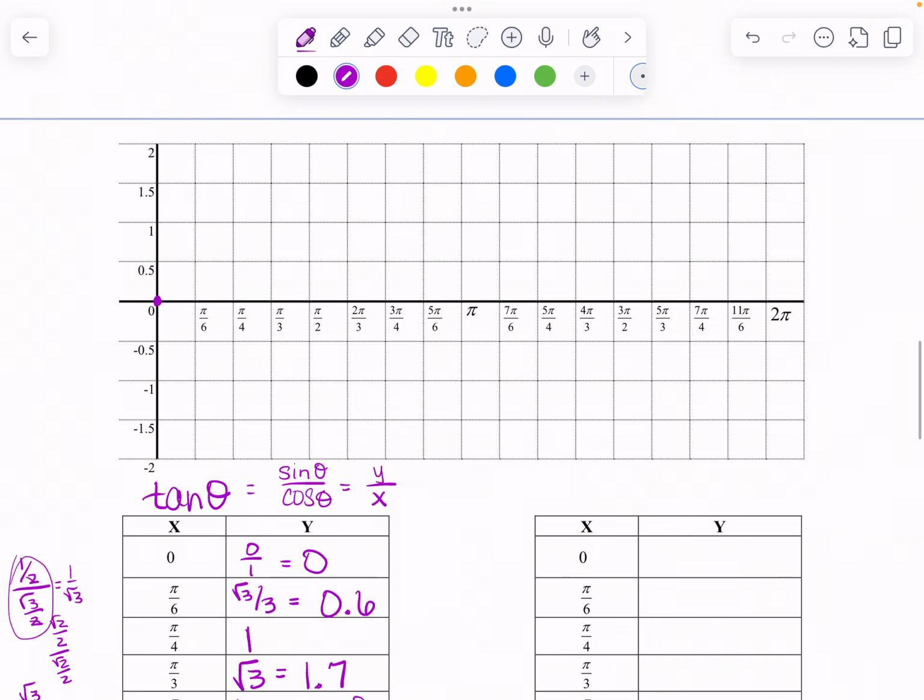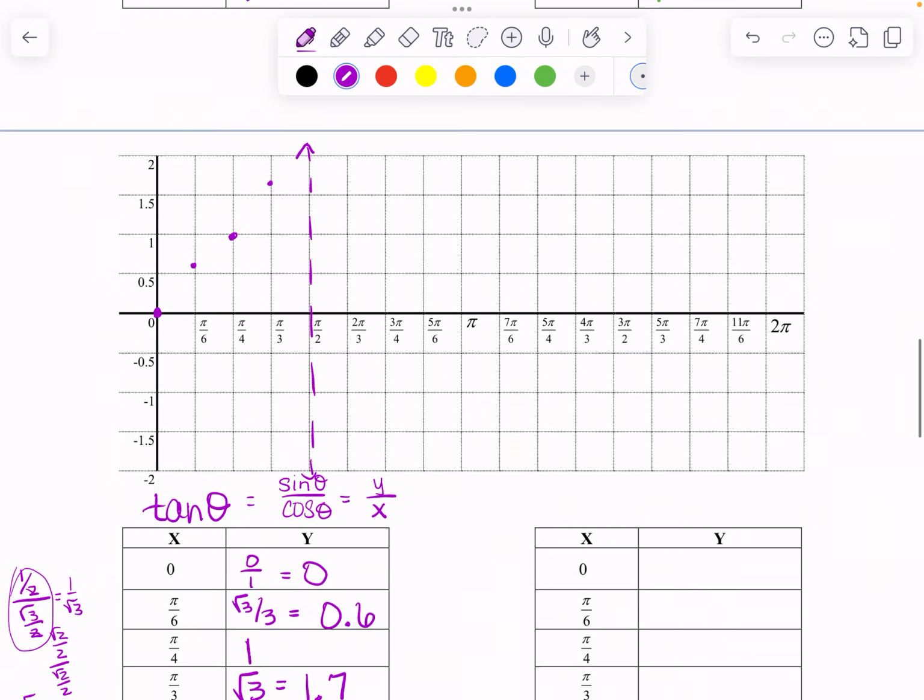So 0, I'm at 0. Pi over 6, I'm at 0.6. Pi over 4, I'm at 1. 1.7. Undefined. So this is the first time we've gotten undefineds in our first one, but undefined, we're just going to graph an asymptote at pi over 2. Negative 1.7.